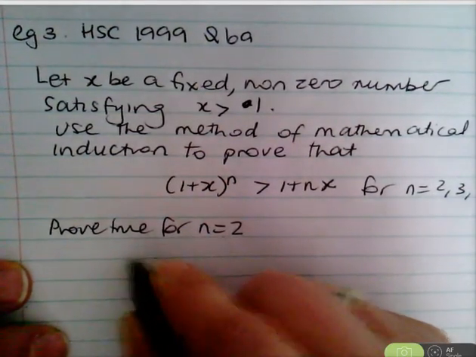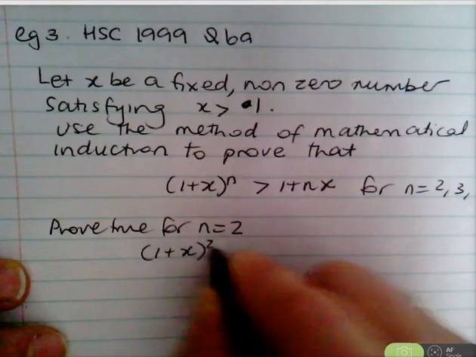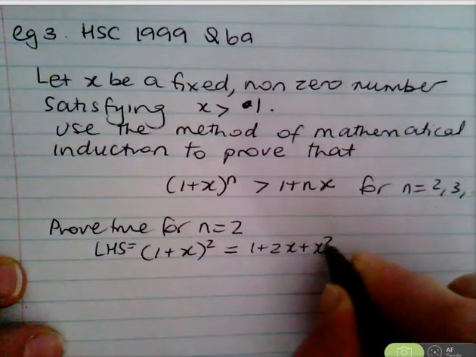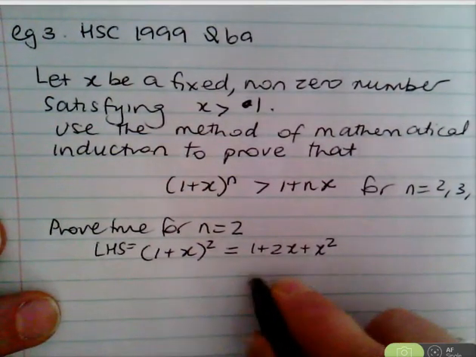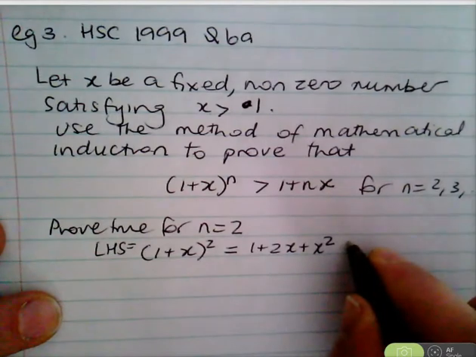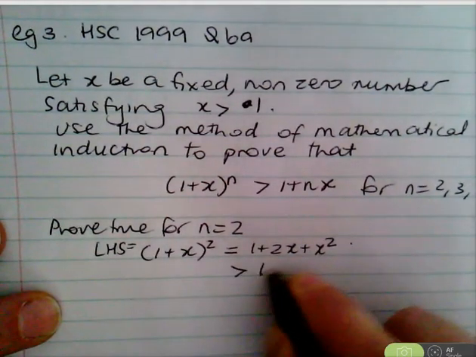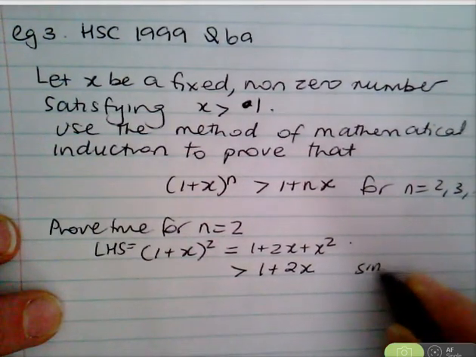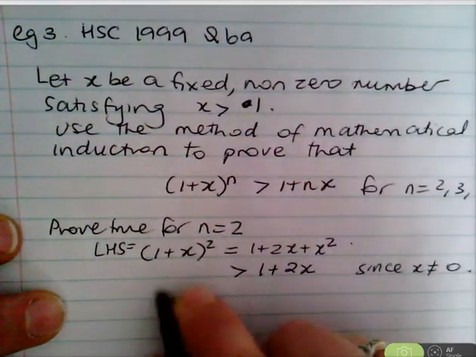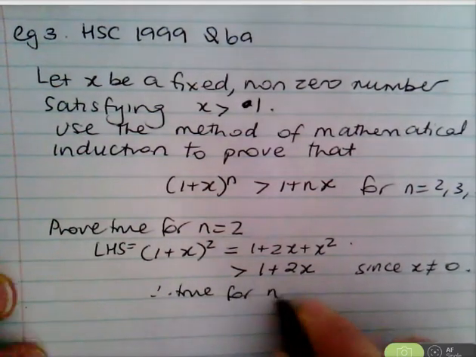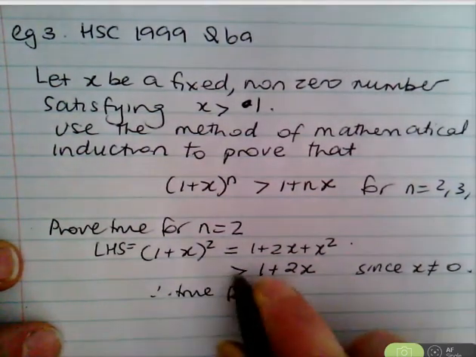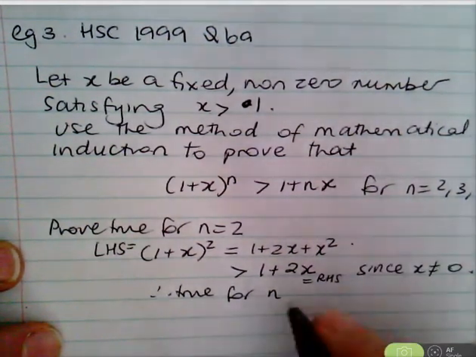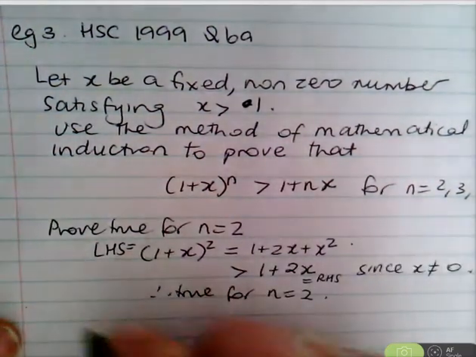Our left-hand side, 1 plus x squared, is equal to 1 plus 2x plus x squared, which is greater than 1 plus 2x since x cannot equal 0. That is the right-hand side for n equals 2. Therefore, true for n equals 2.